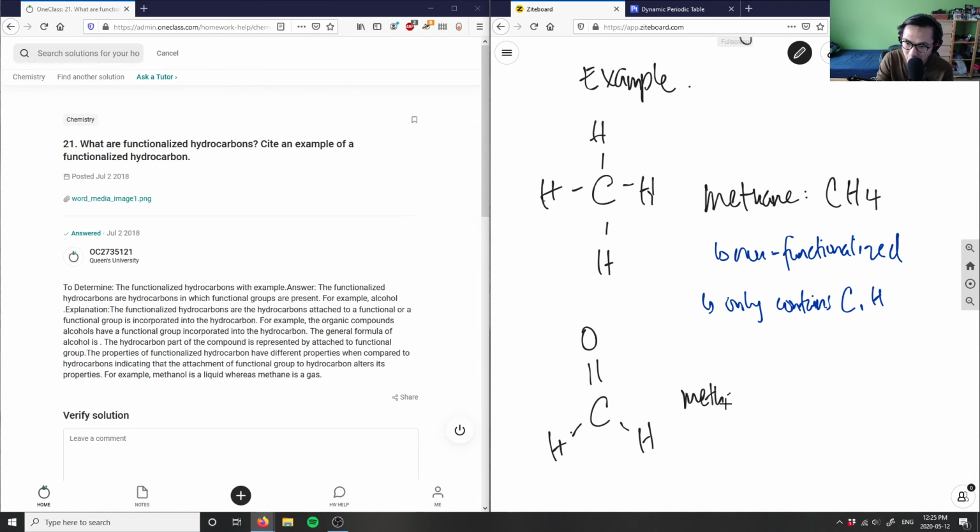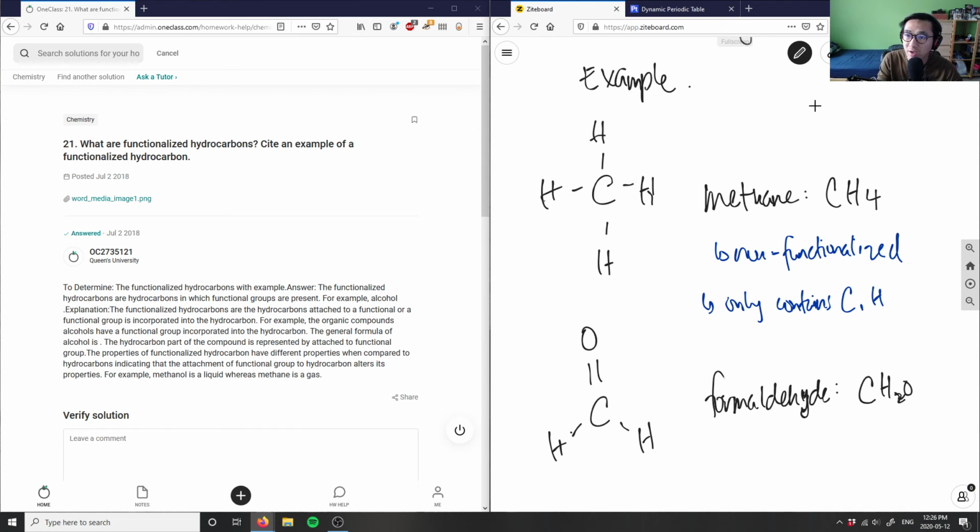So methanaldehyde, or people will just write it as formaldehyde. And this here, as you can see, is CH2O, right?